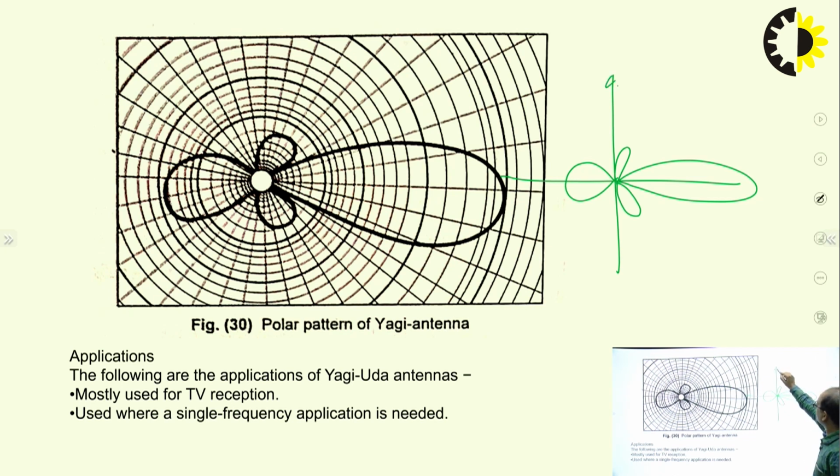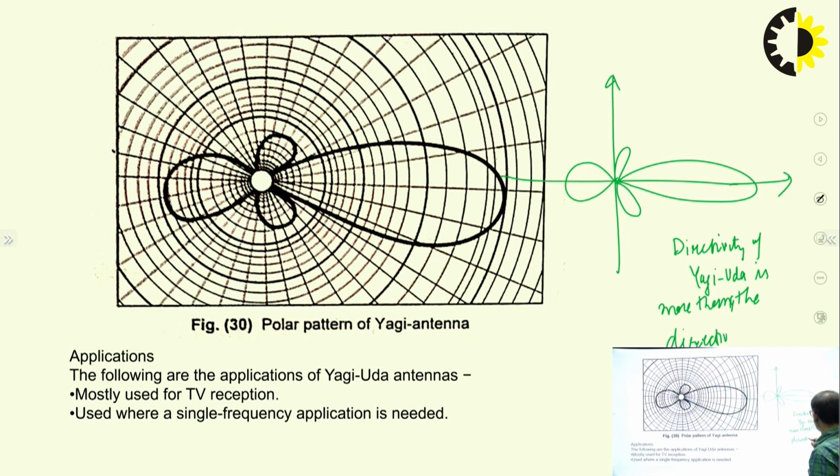But you will observe here that the directivity of the Yagi-Uda antenna is more than the directivity of the driven element, or you can say lambda by 2 dipole. Clear?